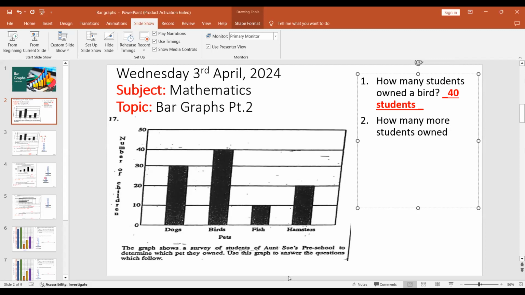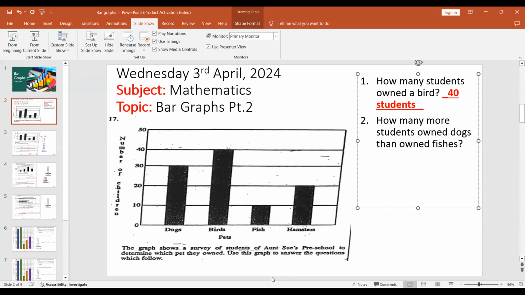How many more students own dogs than own fishes? Okay. So question number 2 asks how many more students own dogs than own fishes. How are we gonna do this? You would find the number of dogs and the number of fishes and you would subtract.